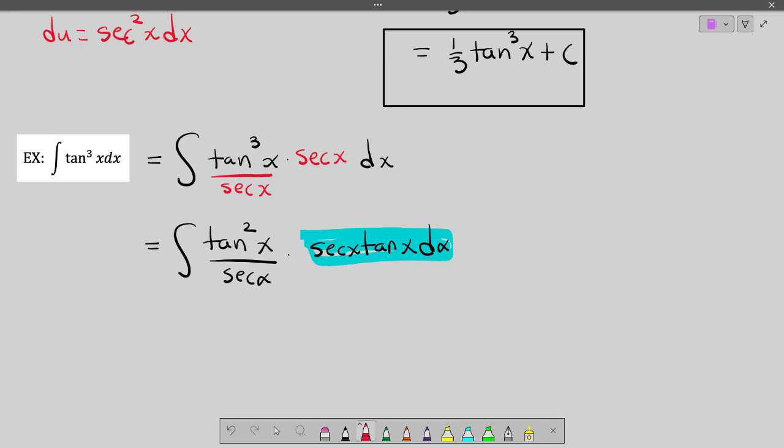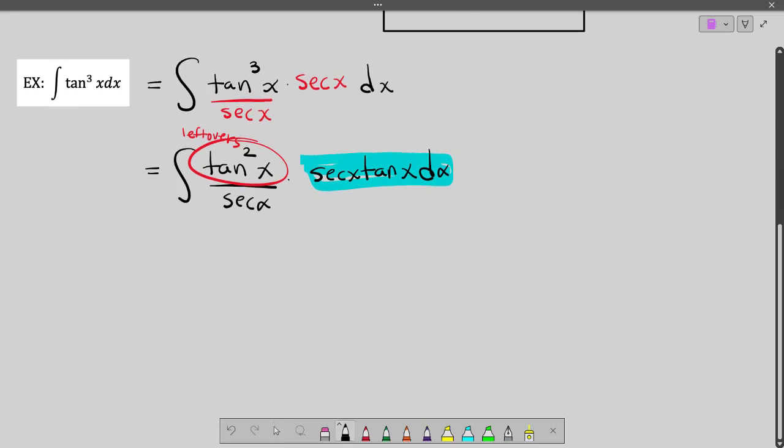So in this context, these guys are the leftovers. We want to turn all the tangents into secants so that if we let u be secant, its derivative is in that blue box right there. So, how do we turn tangents into secants?